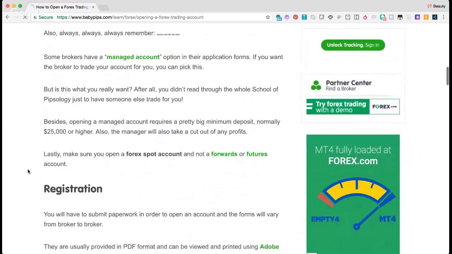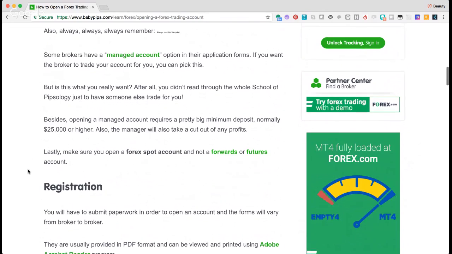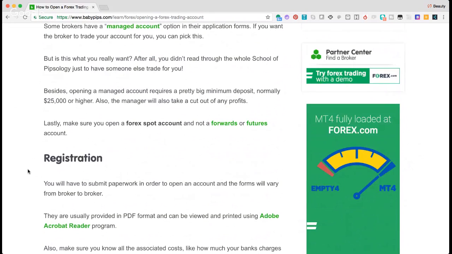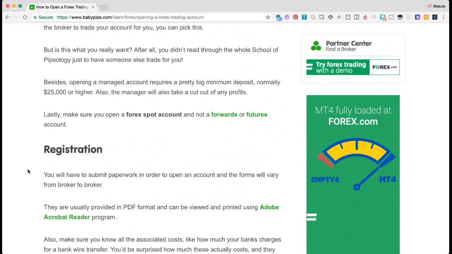Besides, opening a managed account requires a pretty big minimum deposit, normally $25,000 or higher. Also, the manager will also take a cut out of any profits. Lastly, make sure you open a Forex spot account and not a forwards or futures account.